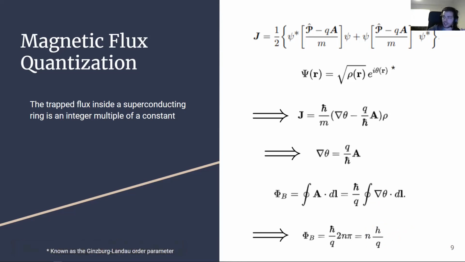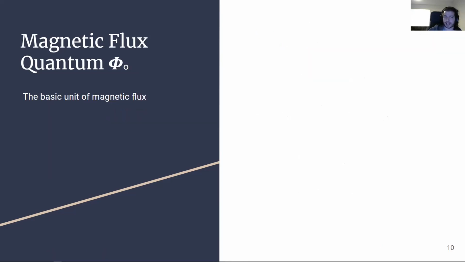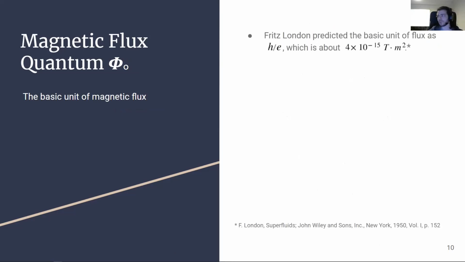This result calls for defining a basic unit for magnetic flux. Fritz London, one of the London brothers who came up with the London equations, did a similar calculation and predicted that the basic unit of flux should be h over e.